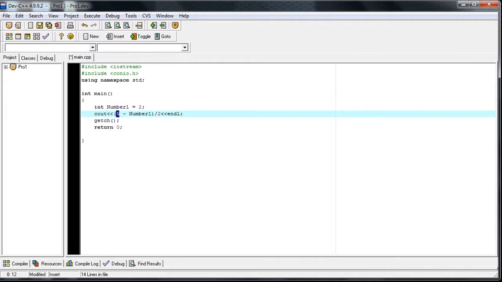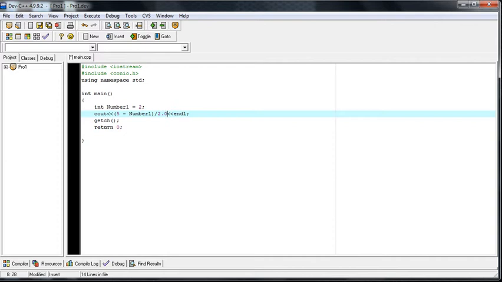Well, it would be 5.0 or 2.0. So we can actually do that. We can just write 2.0, and now the expression here is going to have a double inside of it because this is actually a double or a floating point because it has this point here, this 0.0. And so this is what typecasting is.